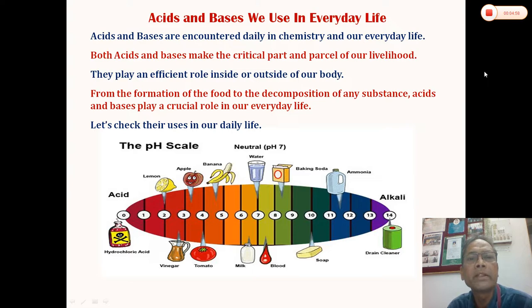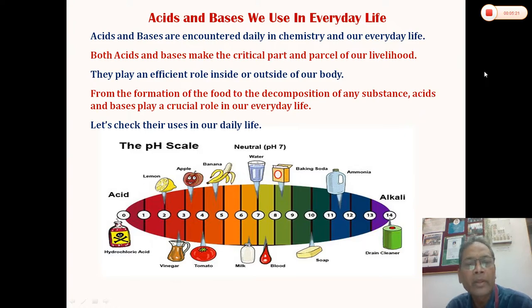Both acids and bases are a critical part and parcel of our livelihood. They play an efficient role inside and outside of our body. From the formation of food to the decomposition of any substance, acids and bases play a crucial role in our everyday life. Let's check their use in our everyday life.